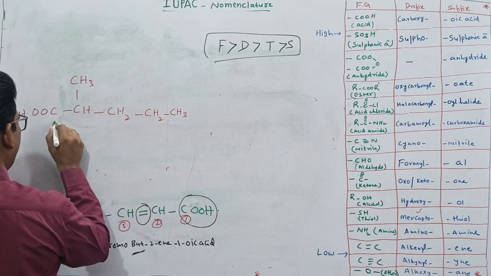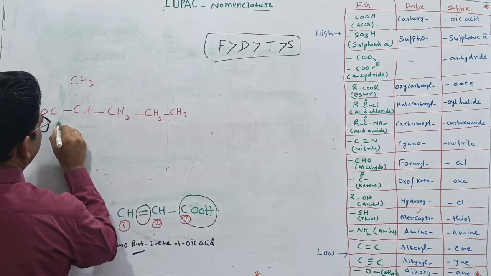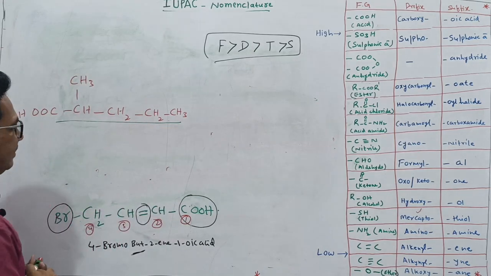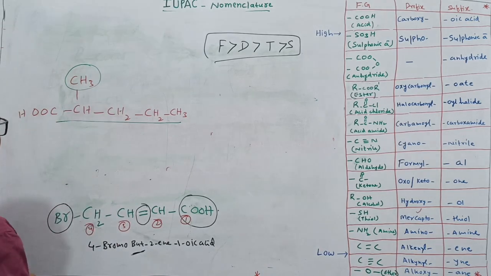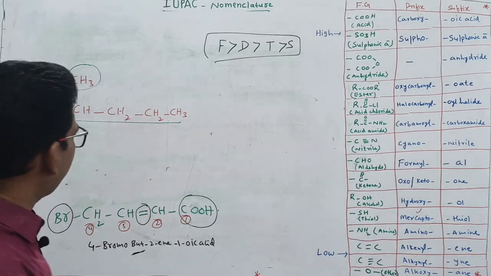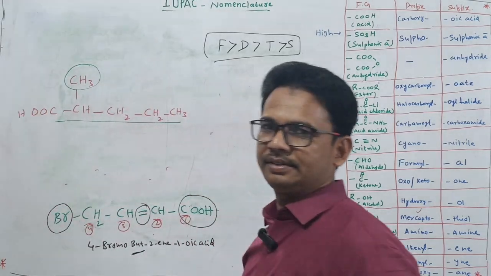Long chain, ये कार्बन को include करके select करो. This we are writing as the substituent, okay.